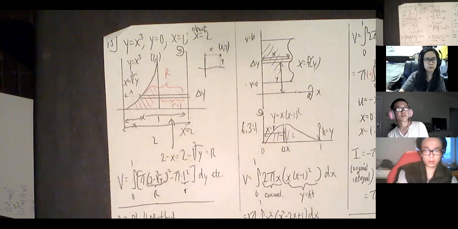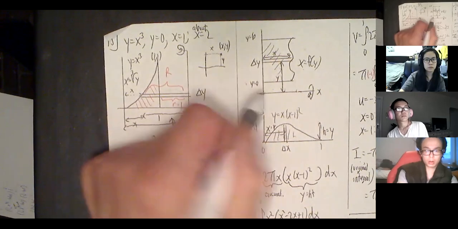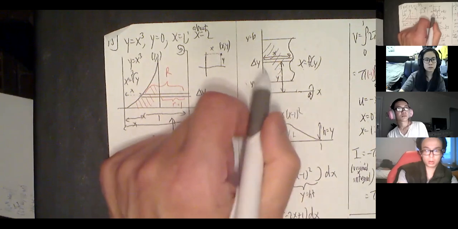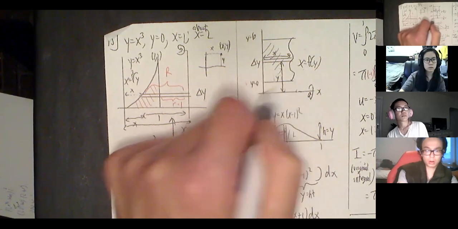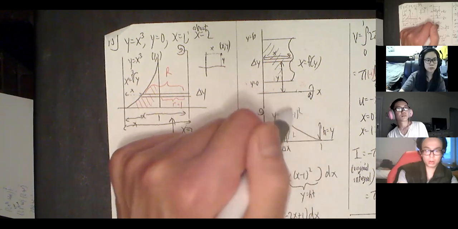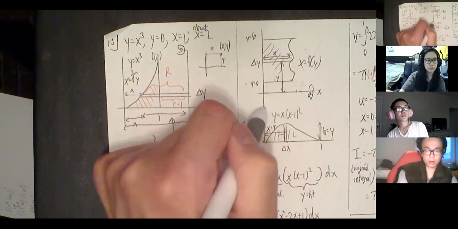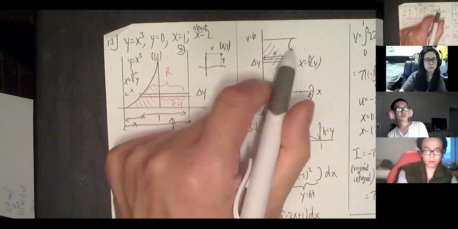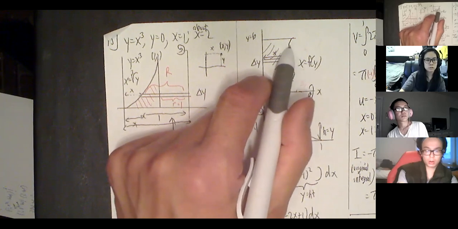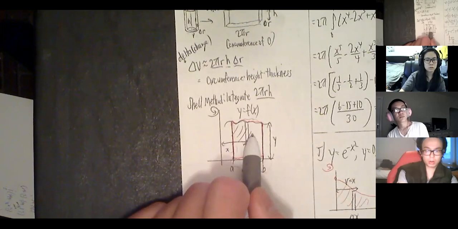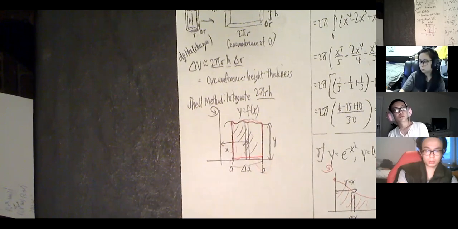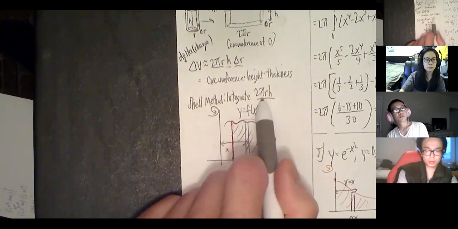Now, I'm not going to write that down as a rule because that's only for the so-called easy case. It's a little bit harder if you have to subtract one function from another, or if you're not spinning it about the x-axis, or maybe you're spinning it about x equals 1 or y equals -2 or something like that. So I'm not going to go so far as to write down 2 pi xy. That's true here. That's true here. So yes, in the so-called easy case, it is 2 pi xy. But what's always true is 2 pi RH.